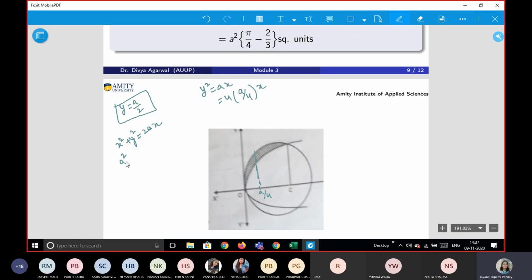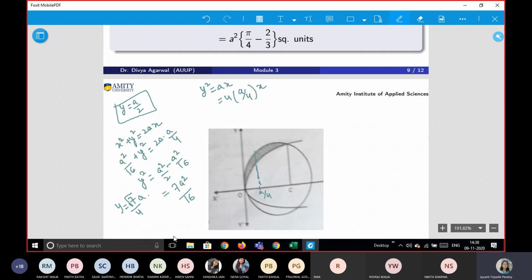Just put a square by 16 plus y square is equal to 2a into a by 4. So y square is equal to a square by 2 minus a square by 16. So that is 7a square by 16. Right? So y is root 7 by 4 a.